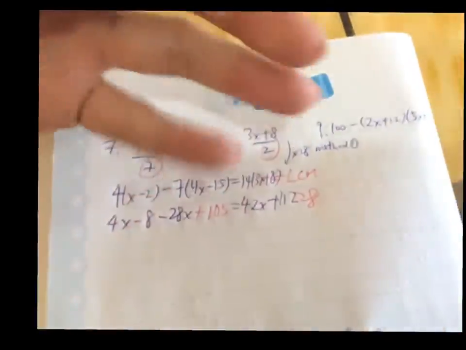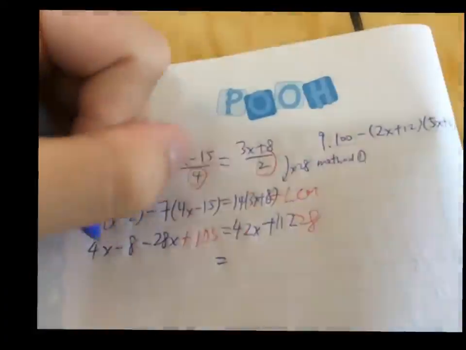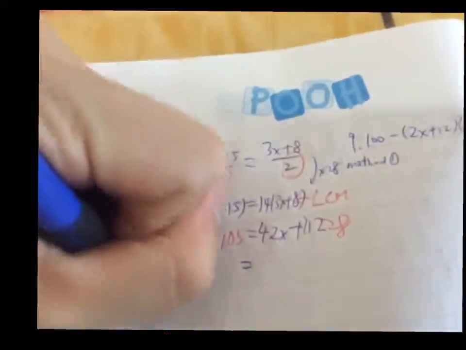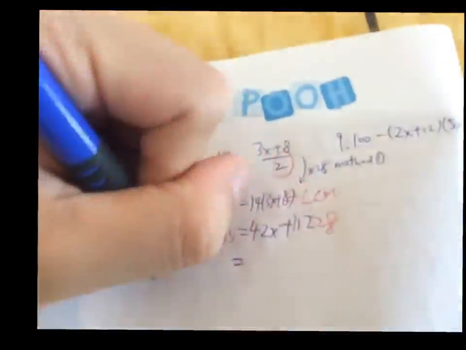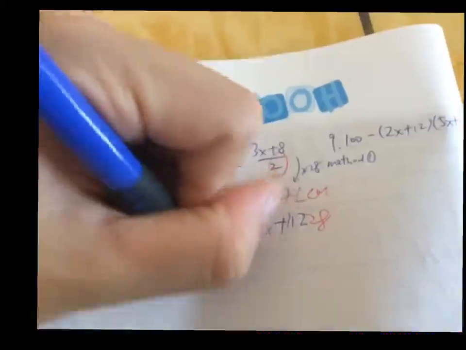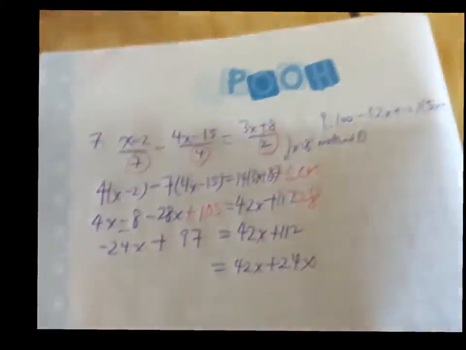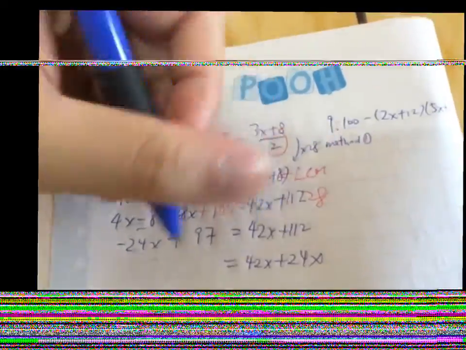Don't do cancellation or moving terms so fast. So negative 24x plus 97 equal to 42x plus 112. And then you can move the negative 24x to the right hand side, become positive 24x. Move the 112 to the left hand side, and this will be 66x.